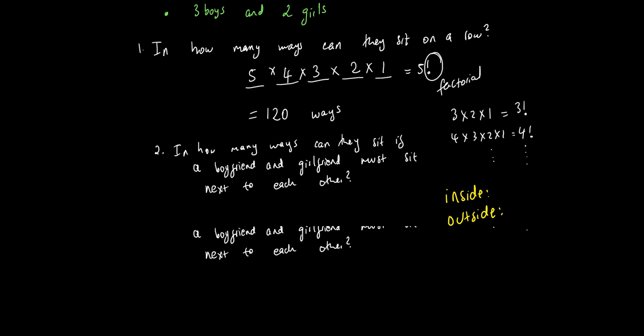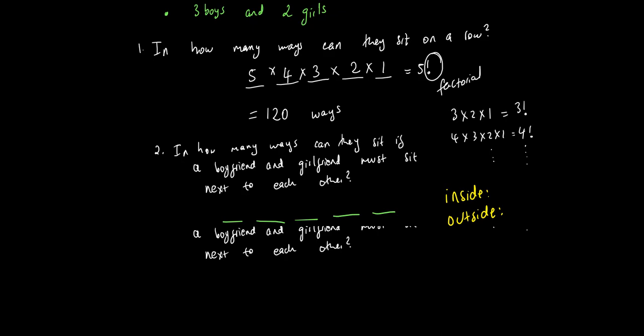Remember, there are still 5 people, so you're going to have 1, 2, 3, 4, 5 spaces. But remember, a boyfriend and a girlfriend must sit next to each other.